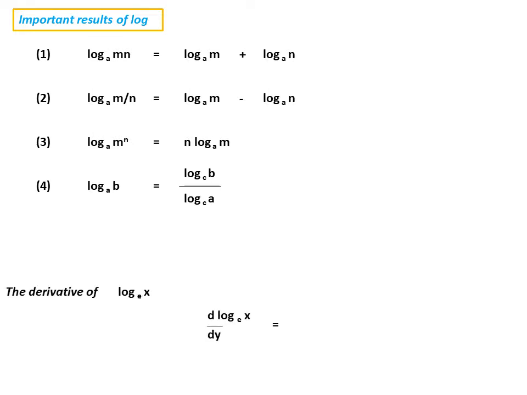Then a derivative formula, d by dx of log x will be equal to 1 by x if the base is e. In the last class, I have not given you the general formula, that is for y equal to a power x. e power x we have seen. Similarly, log x to the base e we have derived, but we have not derived log x to the base a, any other base. Now let us see those things also.